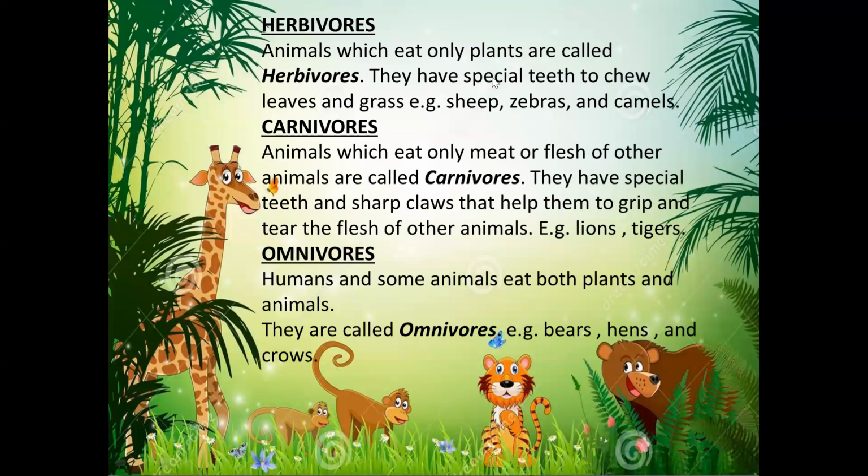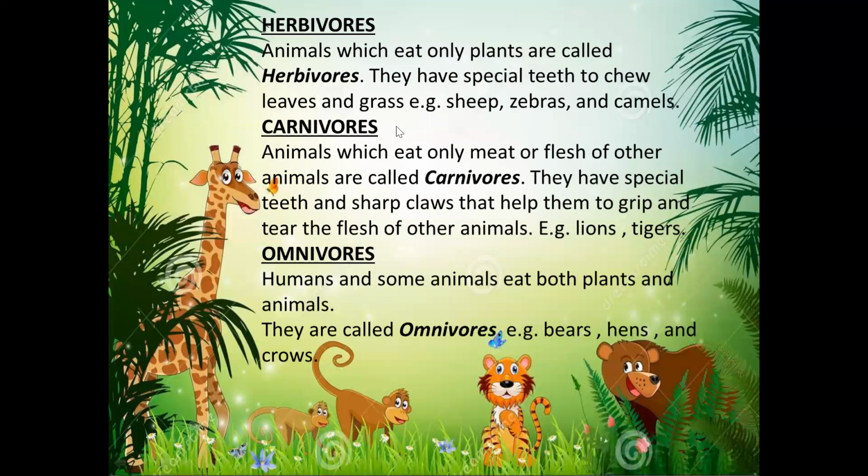They have special teeth to chew leaves and grass. Allah has made special modifications in their teeth, which help them chew the grass and eat the leaves which they need for their food. Examples of herbivores are sheep, zebras, and camels.